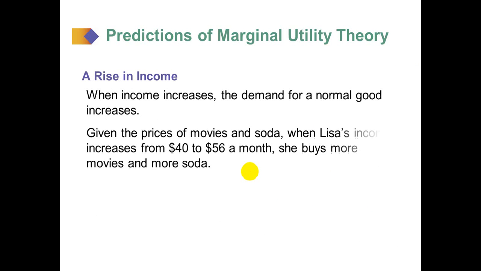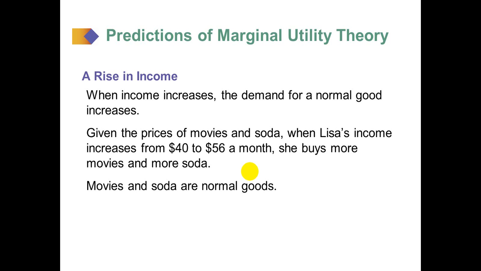But a rise in income, for example, when income increases, the demand for a normal good increases, a shift to the right. Given the price of movies and soda, when Lisa's income increases from $40 to $56 a month, she buys more movies and more soda, if we suppose that both goods are normal, not inferior goods.